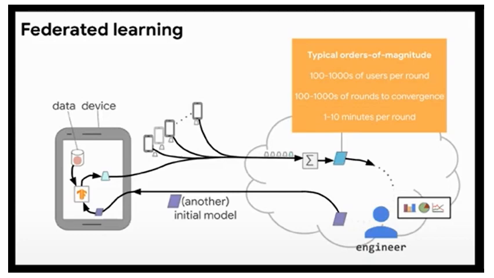Hundreds to thousands of users per round may participate in every training round, and the number of rounds may converge to thousands, and there may be 1 to 10 minutes per training round. The time taken by every round can be from 1 minute to 10 minutes. So this order of magnitude depends on the complexity of the dataset or the nature of the problem that we are trying to resolve.